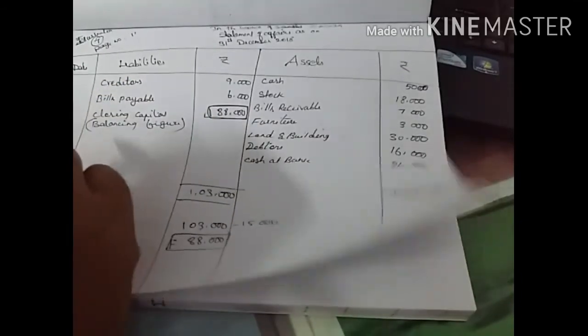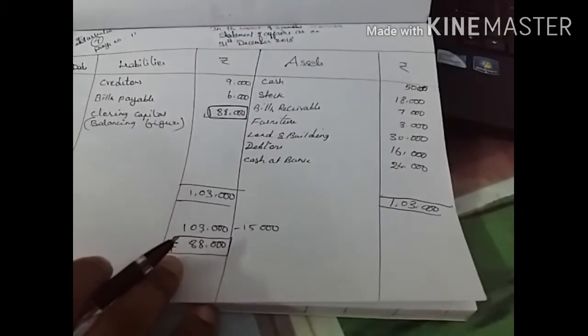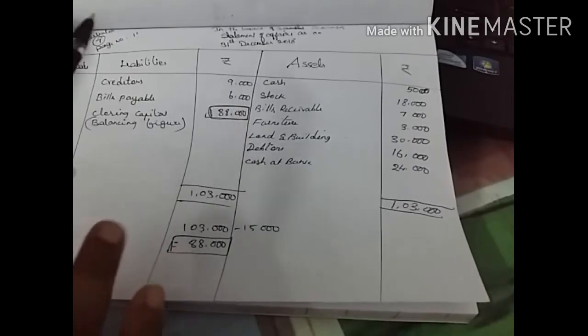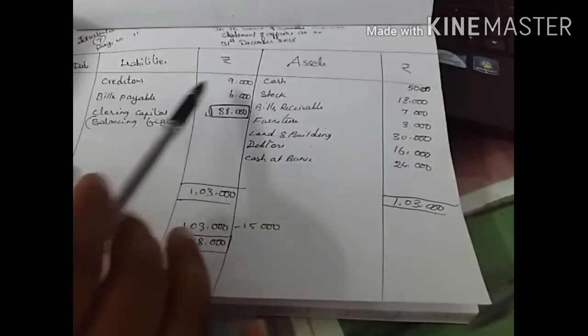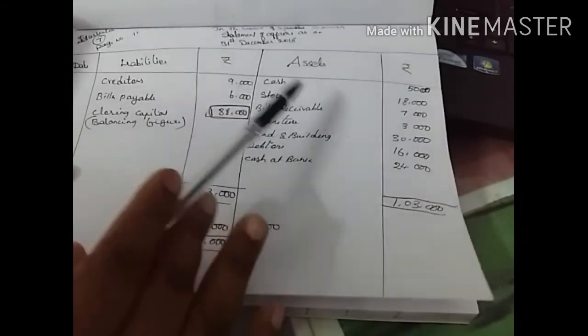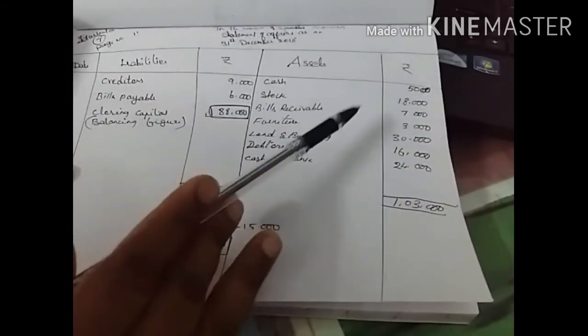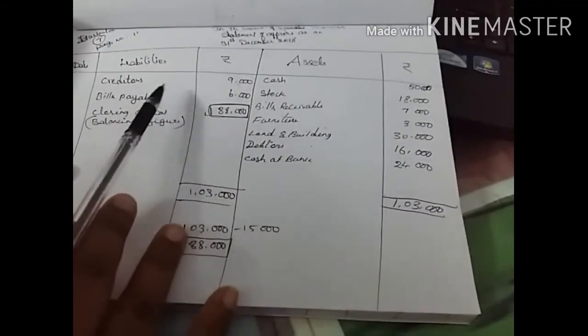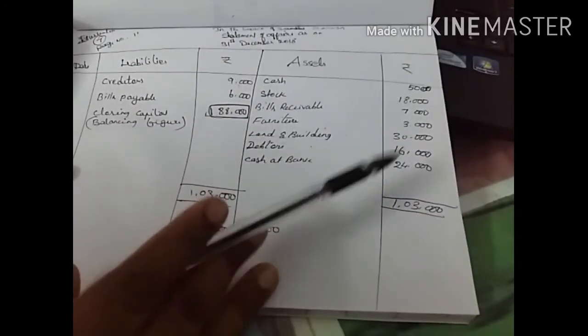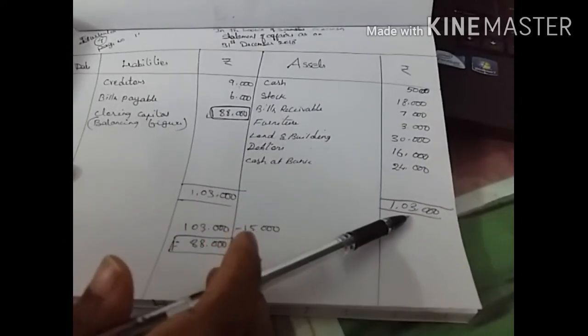Likewise you have to write. So let me explain this again. I have 2 liabilities and 7 assets. So I have to put all the liabilities on the liability side, and assets on the asset side. After putting the items, I have to add separately the liability side and asset side. So I got 1,03,000 as the highest value.